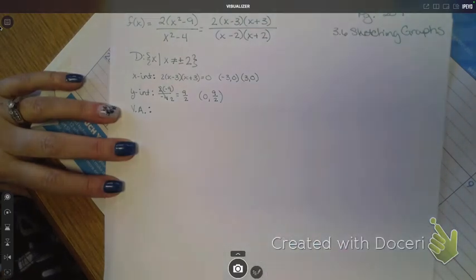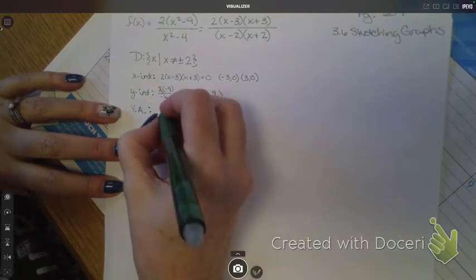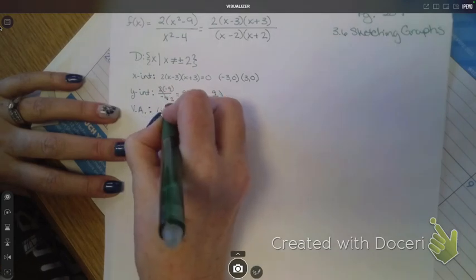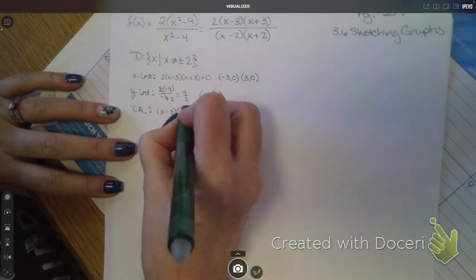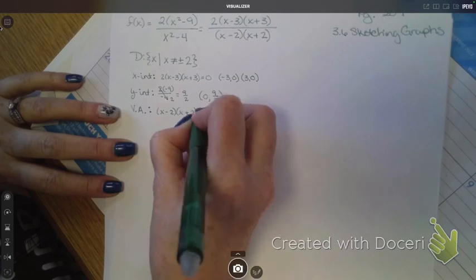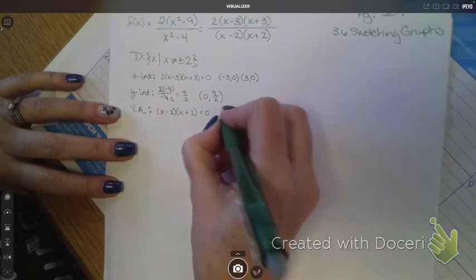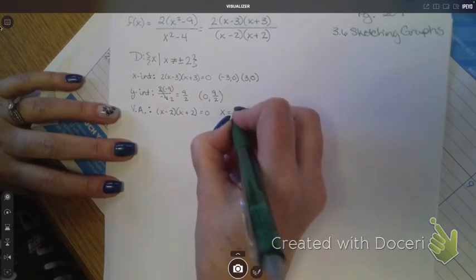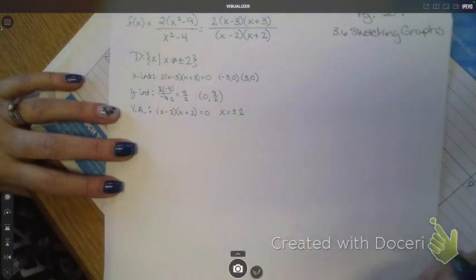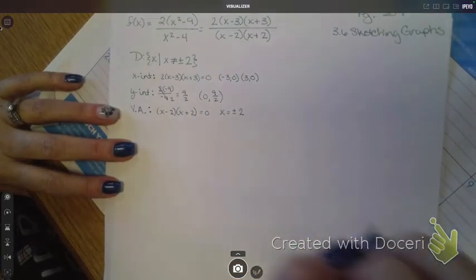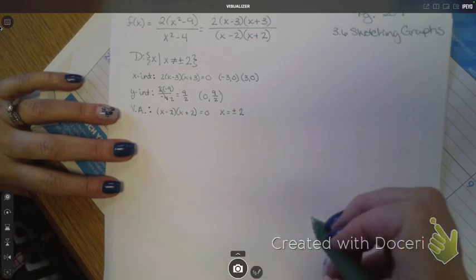Okay, the denominator. Because you use the numerator for x-intercepts, the denominator for vertical asymptotes. So you set them equal to 0? Yep. So x equals plus or minus 2. We write them like an equation because they're a vertical line.